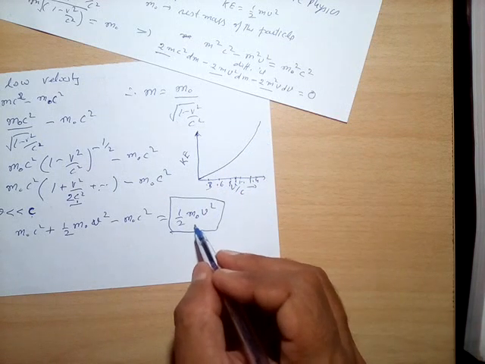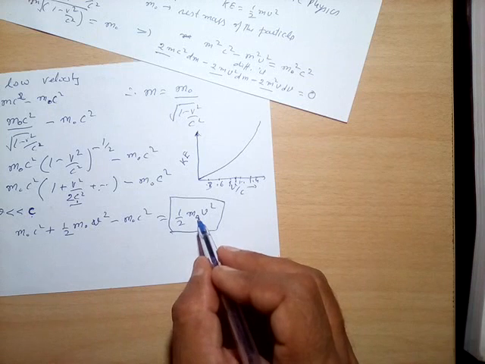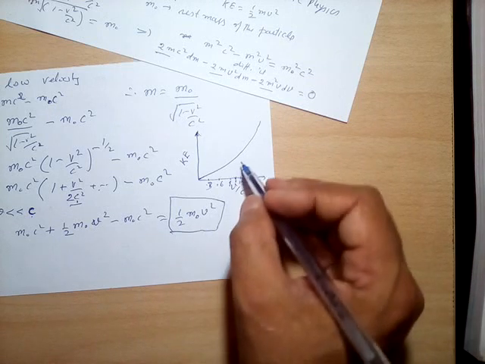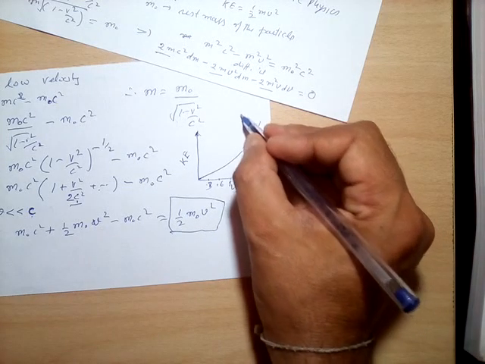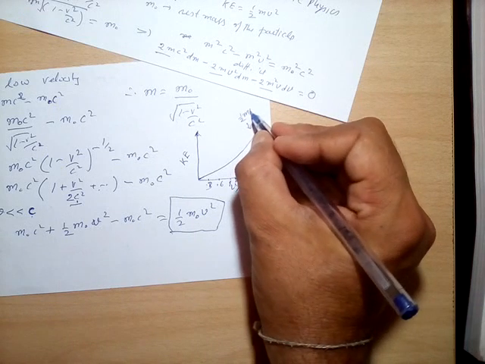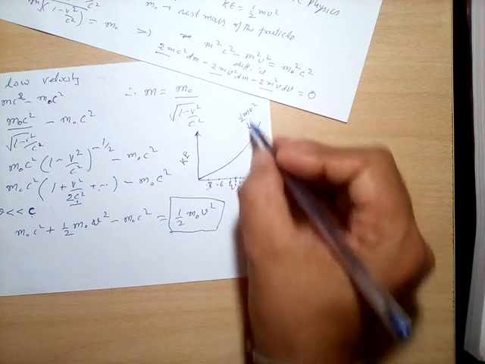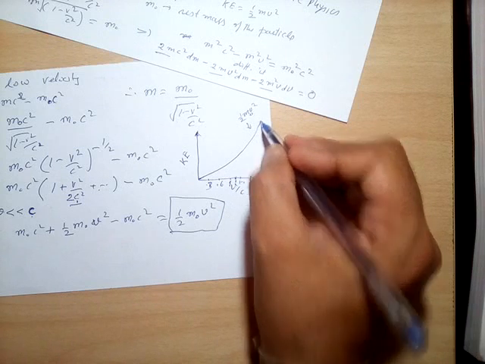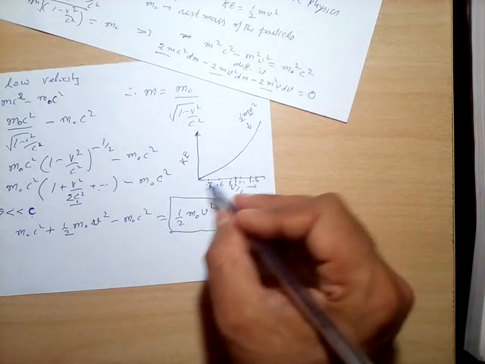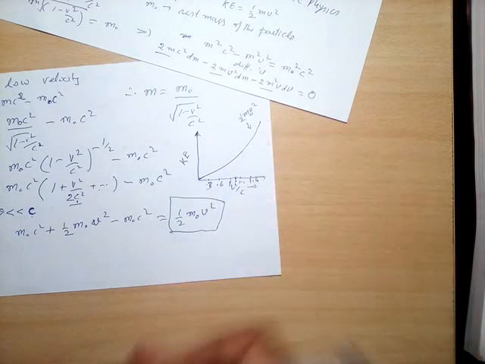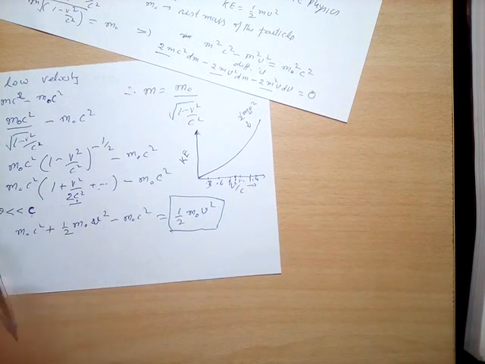If we plot this non-relativistic kinetic energy expression, half m v square, as the velocity is increasing, it will just go on increasing.